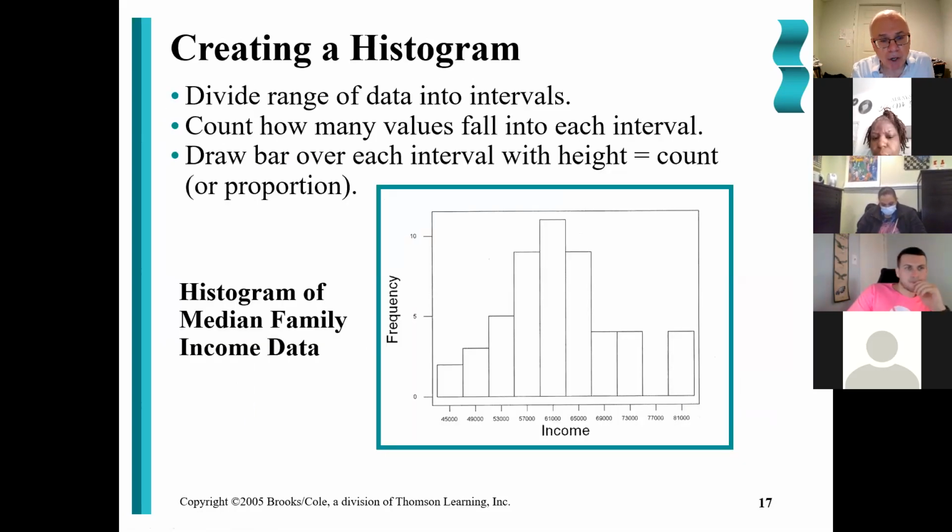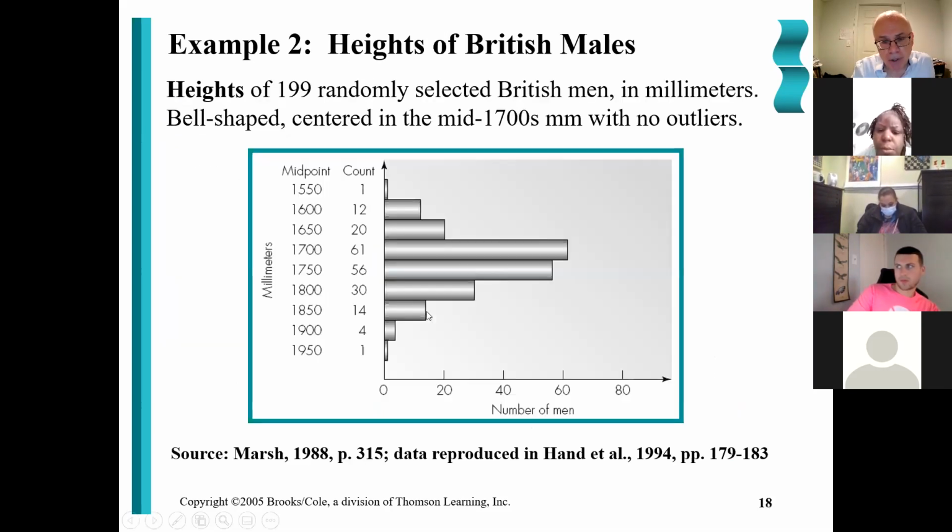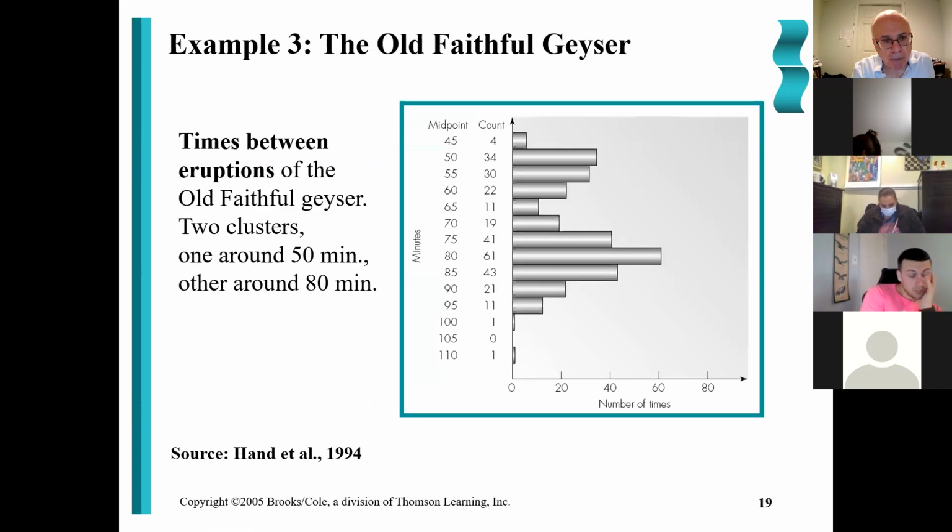Now, here's a histogram where the variable is running along the x-axis and the frequency is running along the y-axis. And this one, it's reverse. This could be confusing to people, right? Where the count is running along the x-axis and the variable is running along the y-axis. So a little confusing, but if you're used to looking at charts like this, not that hard to determine.